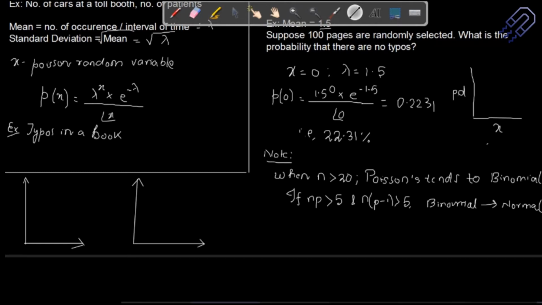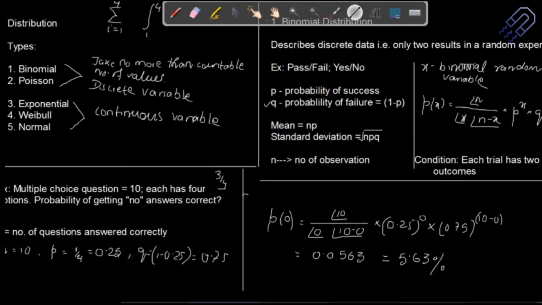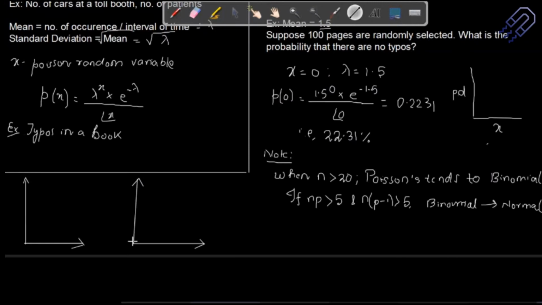Normal distribution is continuous. If you remember, the normal distribution is a continuous variable, Poisson is a discrete variable. If you have many observations, we are going to get more and more points, so the distribution will become more and more continuous in nature. This is the meaning here.